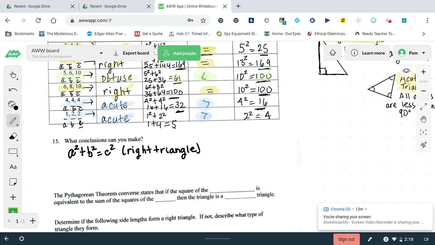But when A squared plus B squared was less than C squared, it proved that it was an obtuse triangle.